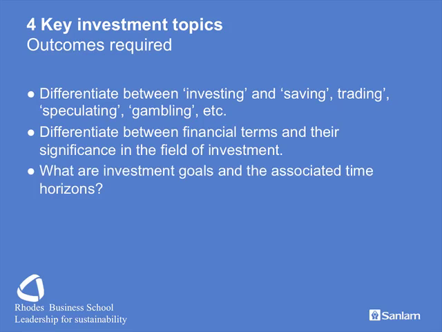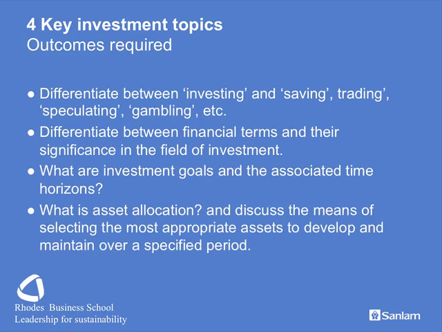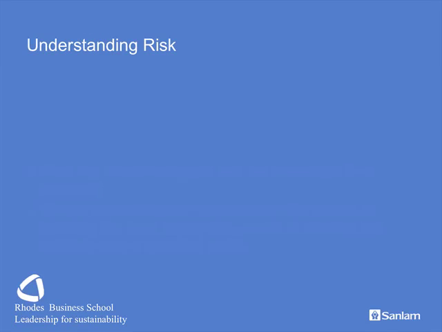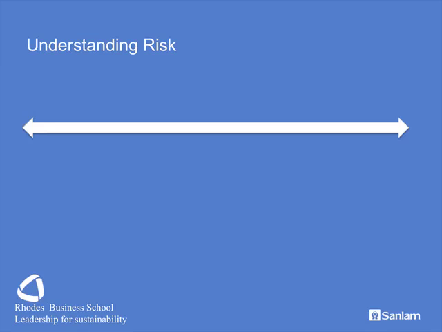They need to understand investment goals and the associated time horizons. And they need to understand asset allocations and discuss the most appropriate assets to develop a portfolio over a period of time. It all starts off with understanding risk.